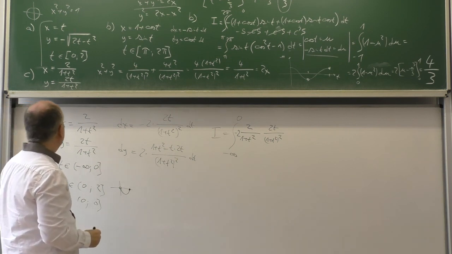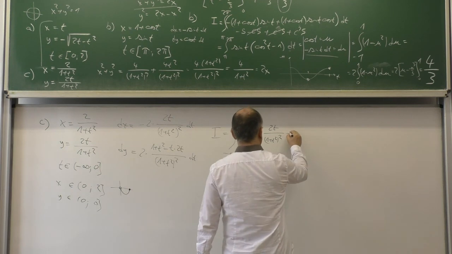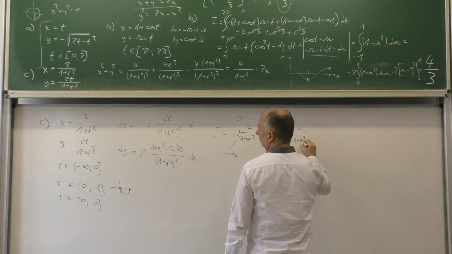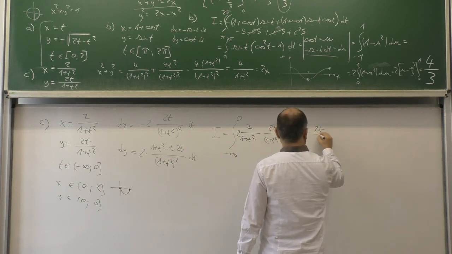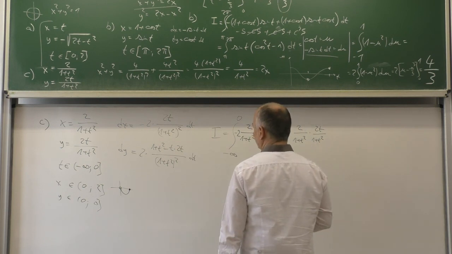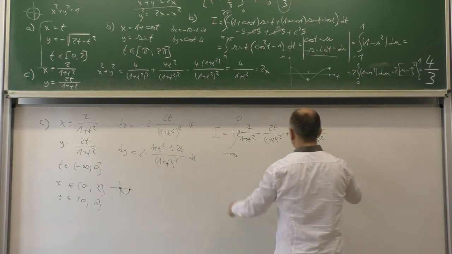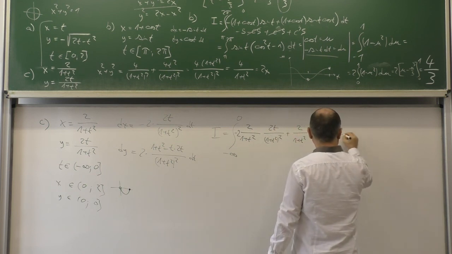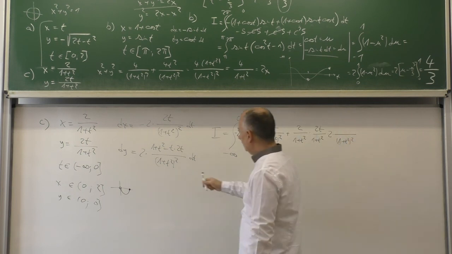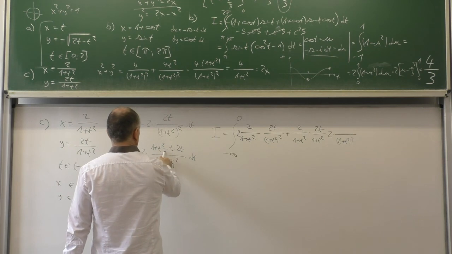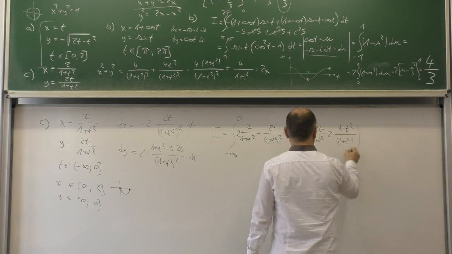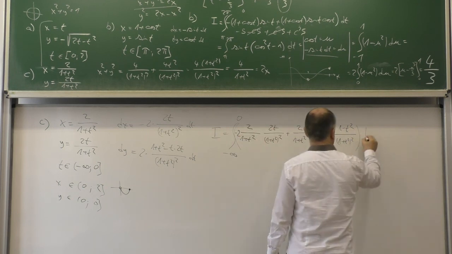Plus f2, which is xy, which is 2 divided by 1 plus t squared, times 2t divided by 1 plus t squared, times dy, which is 2 times, now 1 plus t squared, square of that, and here we have 1 minus t squared. And dt.